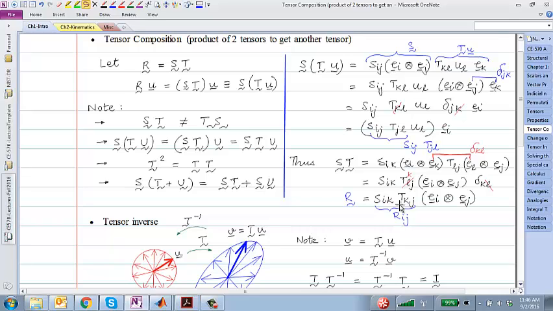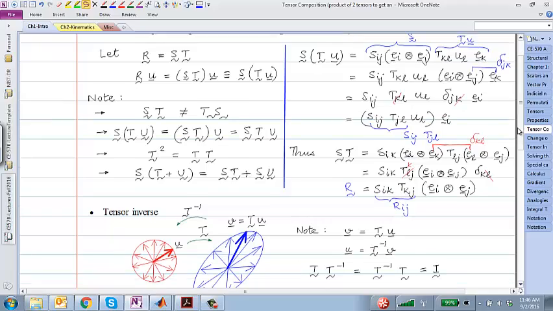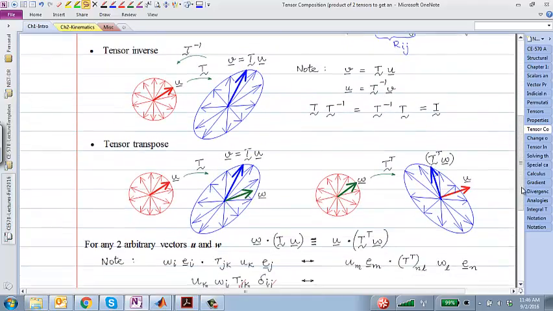Okay, let's see. A couple of special types of tensors. If I have a tensor T, I can create a tensor inverse. How? As you might imagine, if a tensor T takes an arbitrary set of vectors u to a new set of vectors v, then the inverse tensor will take the resulting v vectors back to the original u vectors.